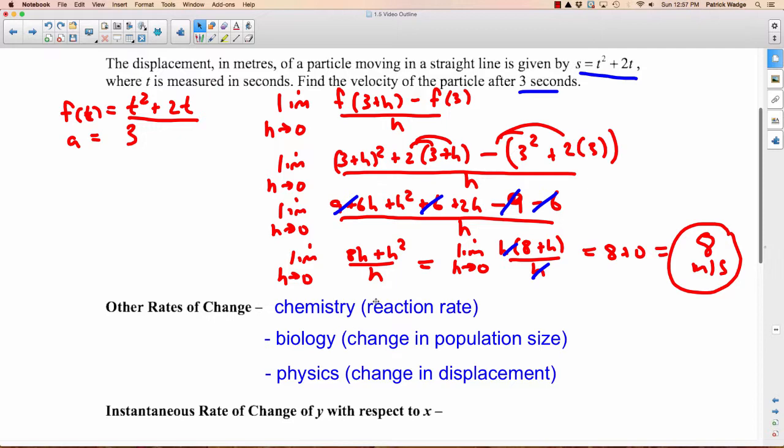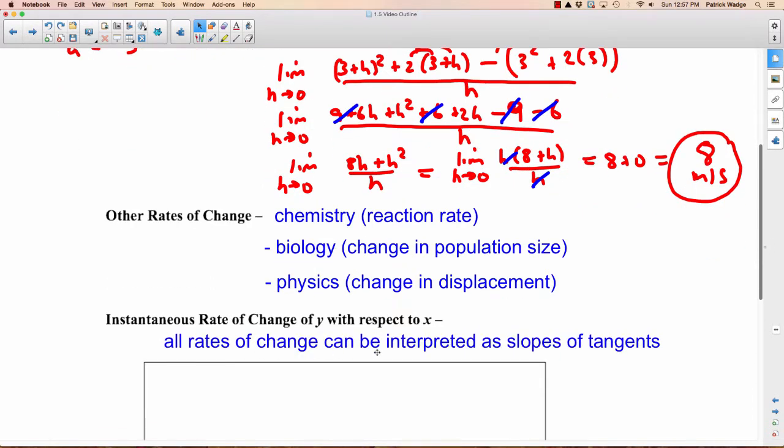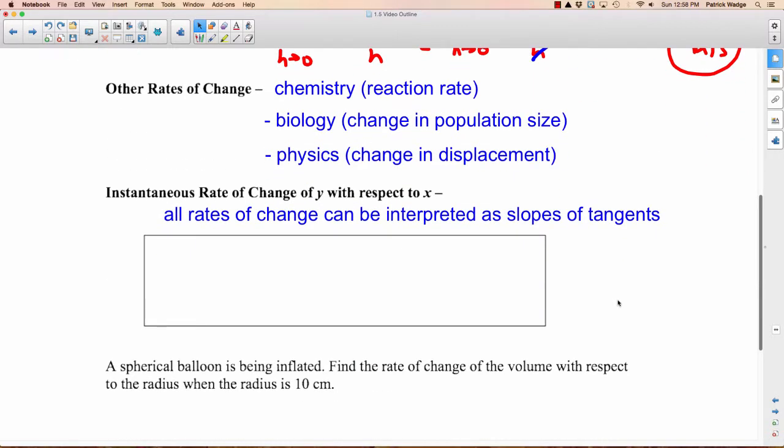So in all these cases, all rates of change can be interpreted as slopes of tangents, which means we can write pretty well the same thing over again. We can say the rate of change, and remember, velocity is just an example of a rate of change. Slope is just an example of a rate of change. It's how fast the rise changes in relation to run.